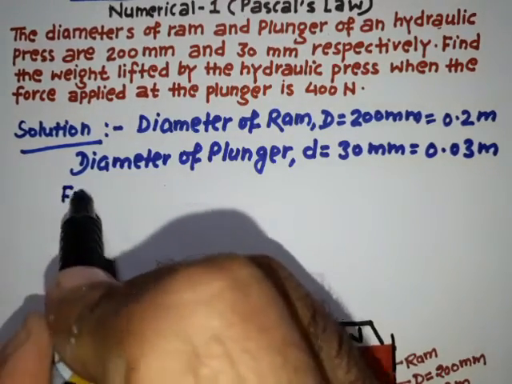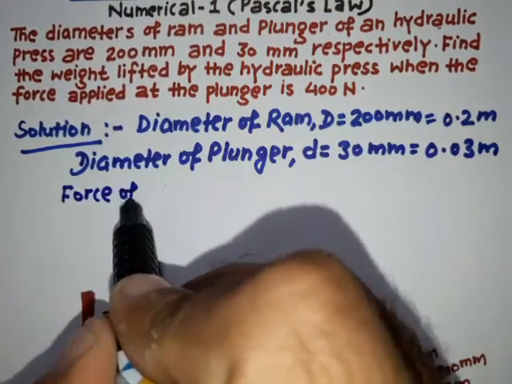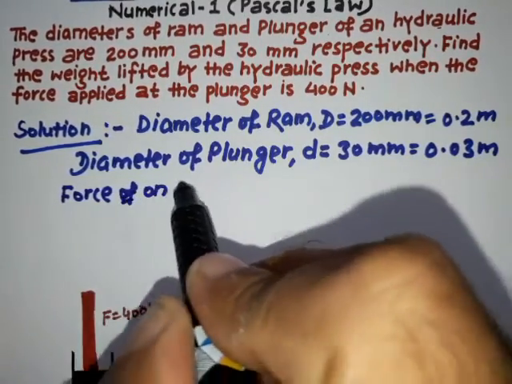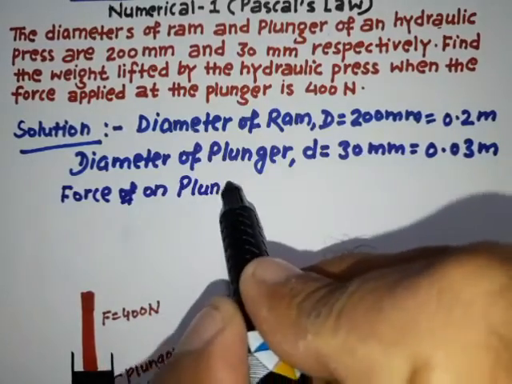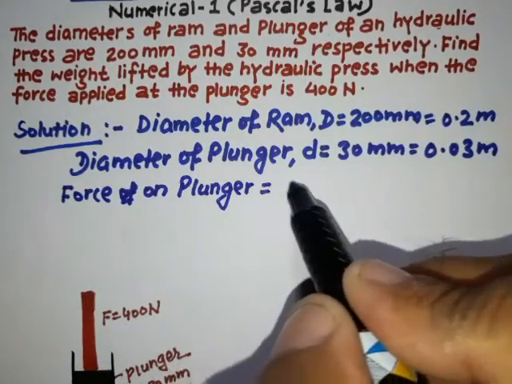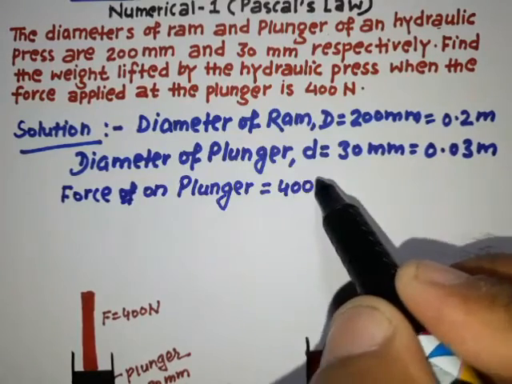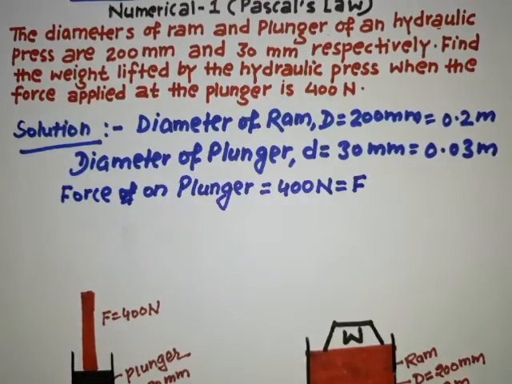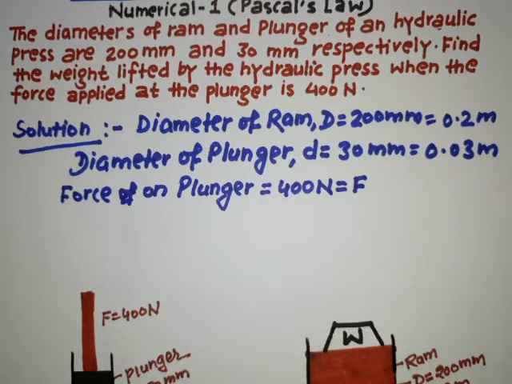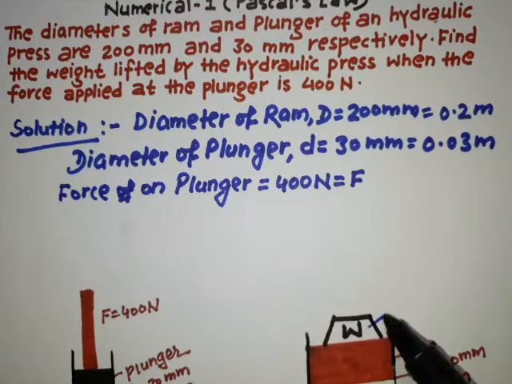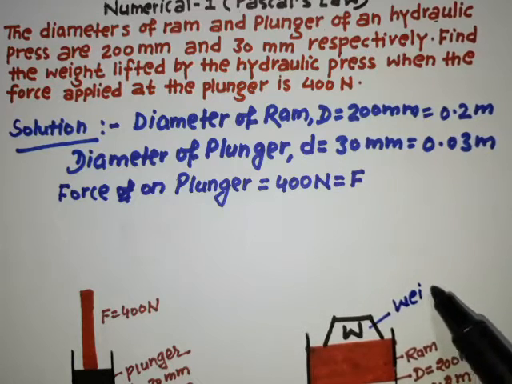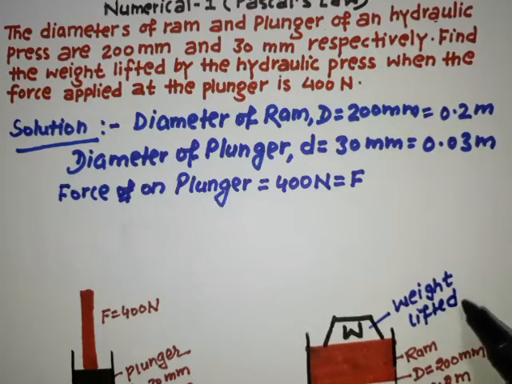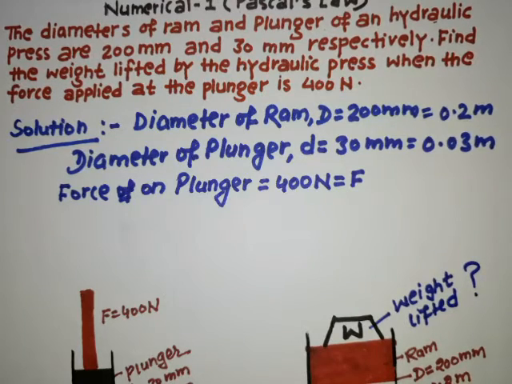Next is force on plunger, that is 400 Newton, that is given, that is equal to F. So from here we need to find out the value of W, this is the weight lifted by ram. We need to find out this value.